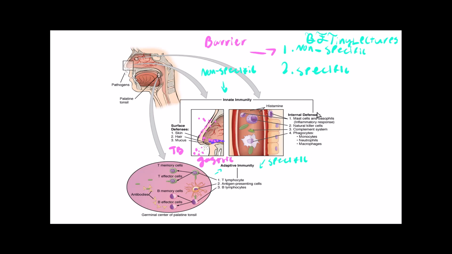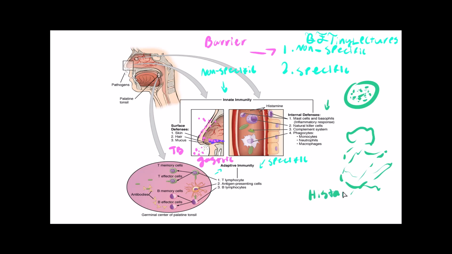Who are your roommates? Well, first you have the mast cells, and the mast cells are little cells that have a lot, and I mean a lot, of these granules. And whenever they explode, they release a bunch of granules. And these granules have something called histamine.